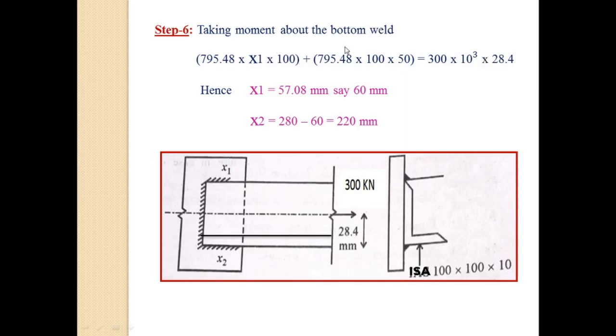After solving this, we get the value of x1 as 57.08, that is 60 mm. So x2 is equal to 280 minus 60, that is 220 mm. So we are providing x1 equal to 60 mm, the weld length in the upper edge, and x2 equal to 220 mm, the weld length in the lower edge.